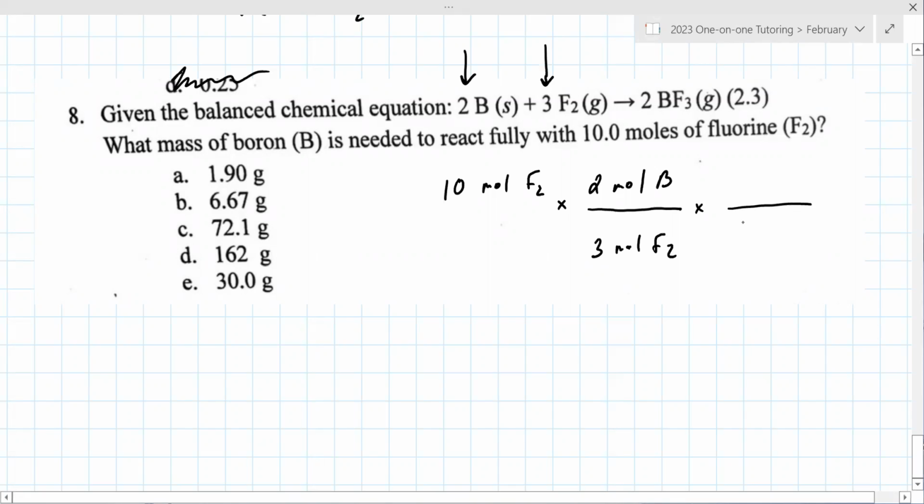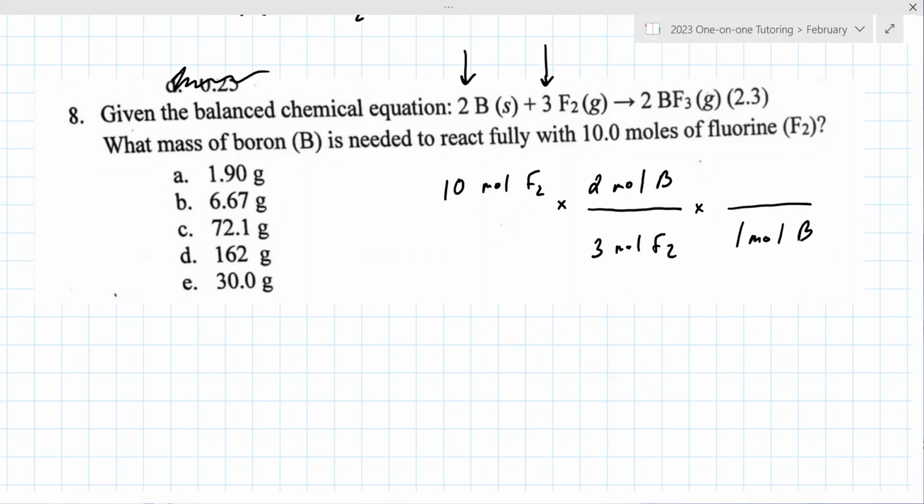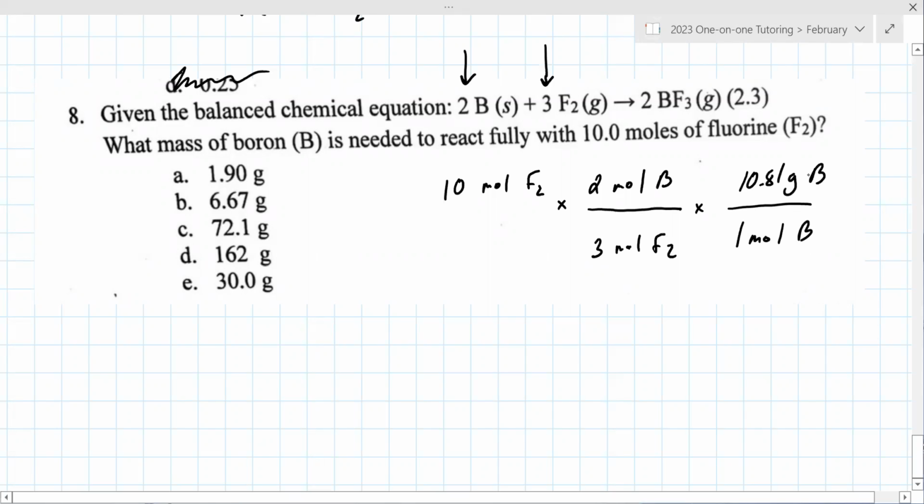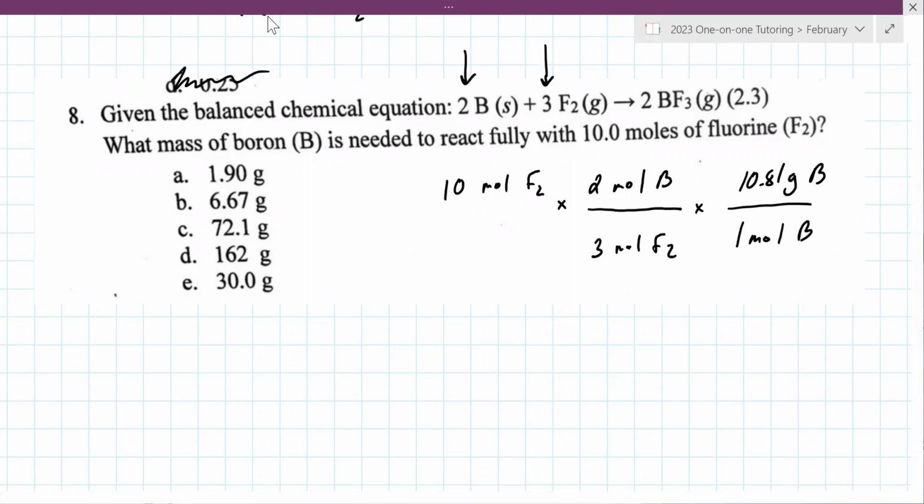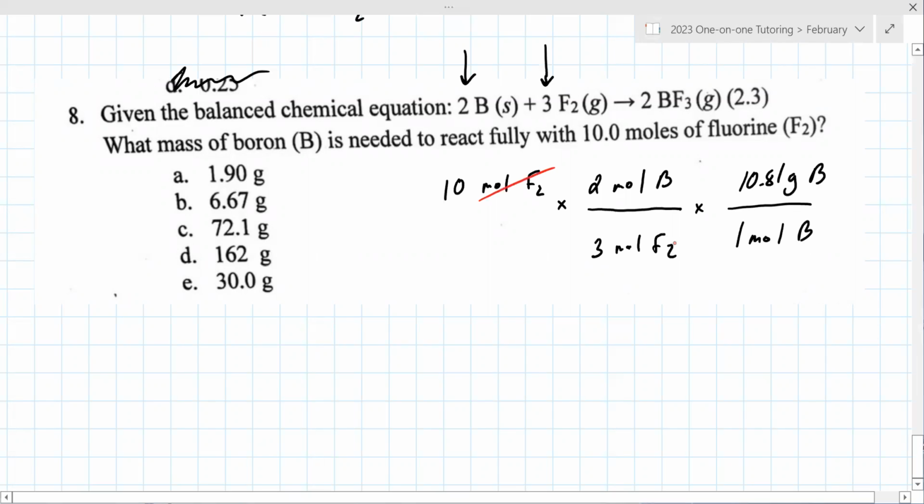You now have to use the molar mass of boron. 1 mole of boron is 10.81 grams of boron. And again, you've seen this before, but the units cancel out: moles of F2, moles of boron, moles of boron.